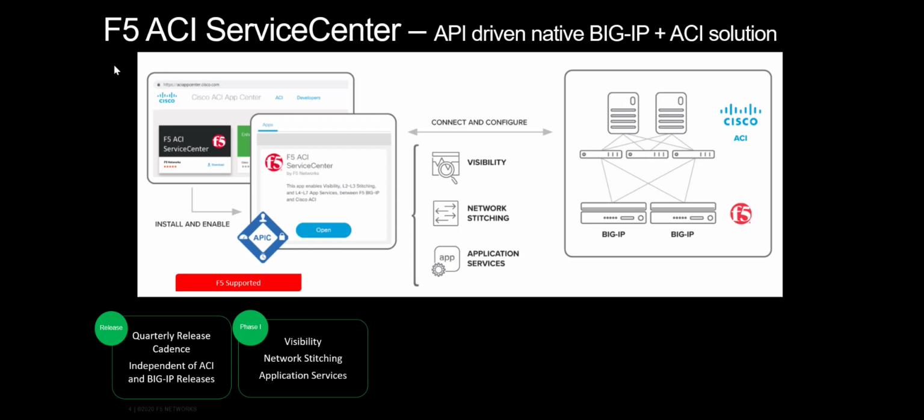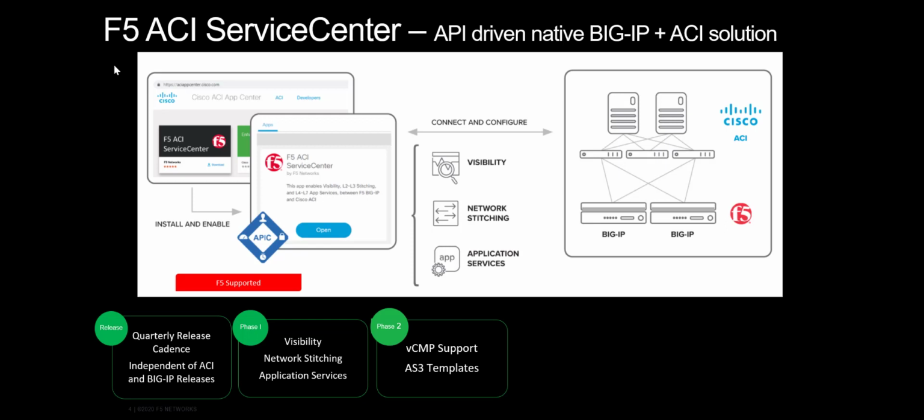In phase 1, or version 1, of this application, as I mentioned, we had the three use cases: visibility, network stitching, and application services. In phase 2, to network stitching, we also added vCMP support. In phase 1, we have support for virtual edition as well as appliance, and it also supports whether the BIG-IP is in a standalone or an HA cluster.